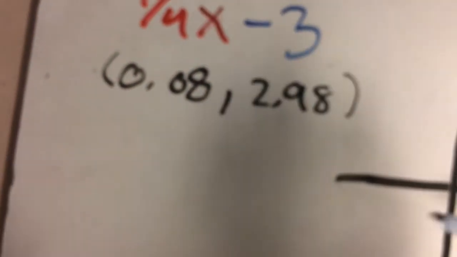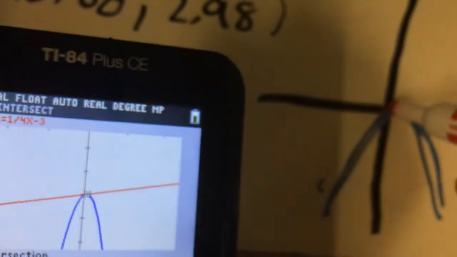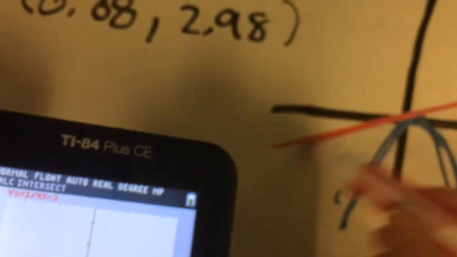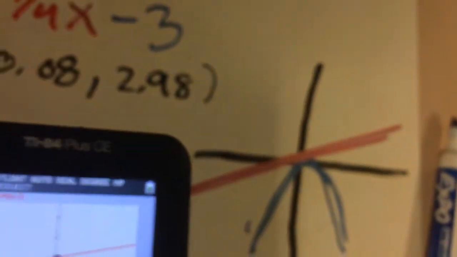And that is approximately where they meet, right here. It wouldn't go quite up to the line, but it's still kind of accurate. It would just be down a couple.